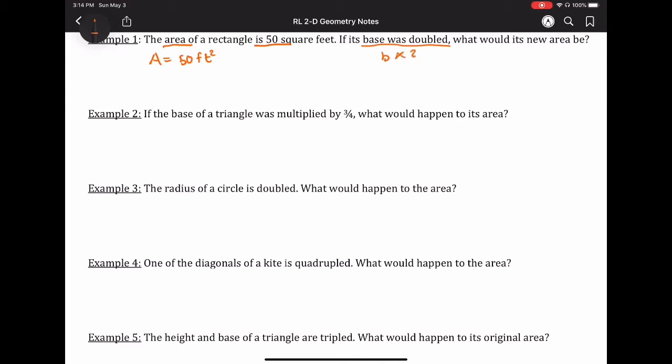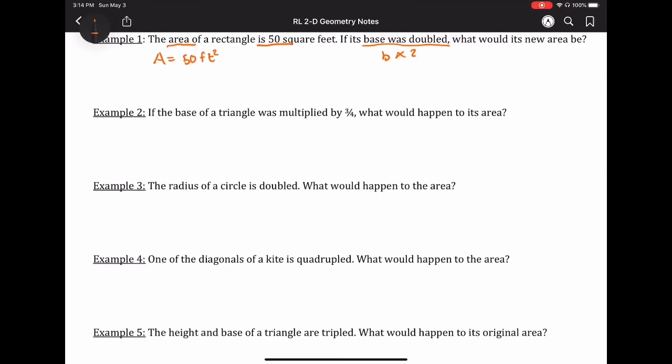If you remember from before, we said that if you're changing one side, which is what we're doing, we're only changing the base, that change to the base is the same change that happens to the area. So to solve this problem, I have area of 50 times 2, and that will equal my new area.